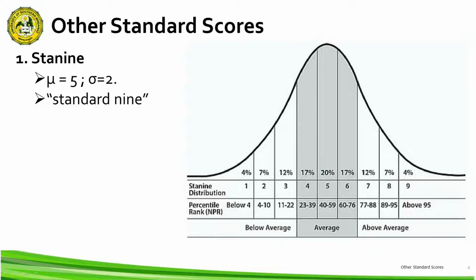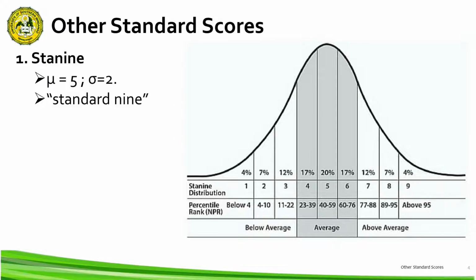One example of STENINE is the achievement tests administered in elementary and secondary school, wherein the scores of tests are often represented as stanines. As you can see in this figure, one of its distinguishing characteristics is that they take on whole values from 1 to 9 that represent a range of performance that is half of a standard deviation in width.